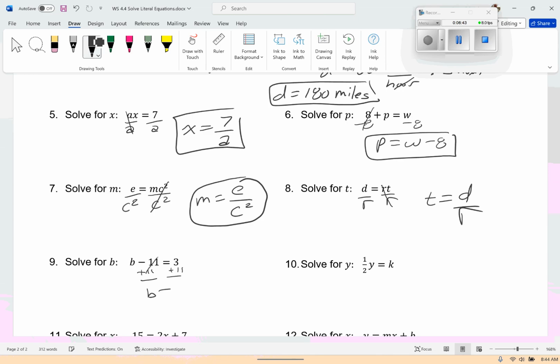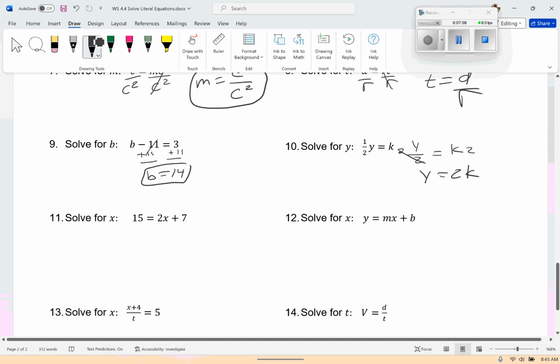Those cancel, so b equals 14. We've done these before. Number 10, they want us to solve for y. Well, this is the same thing as saying y over 2 equals k, so half y is the same thing as y over 2. If I multiply both sides times 2, those cancel, so y equals 2 times k.